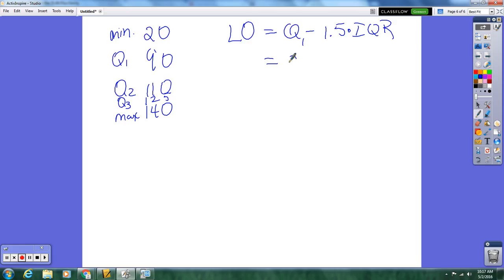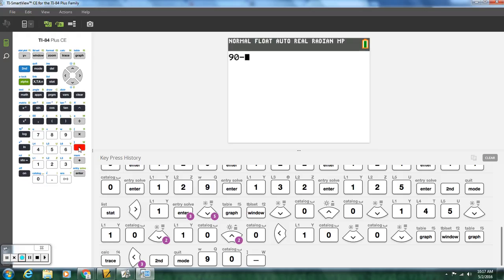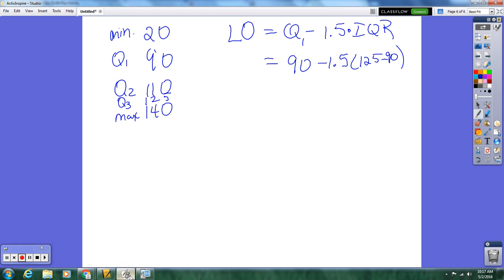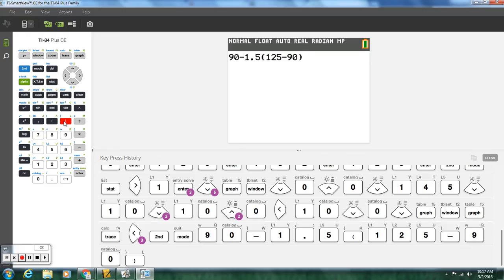Q1 is 90 minus 1.5, and IQR is Q3 minus Q1, so 125 minus 90. You're going to put that in your calculator: 90 minus 1.5 parentheses 125 minus 90. So anything below 37.5 is an outlier.